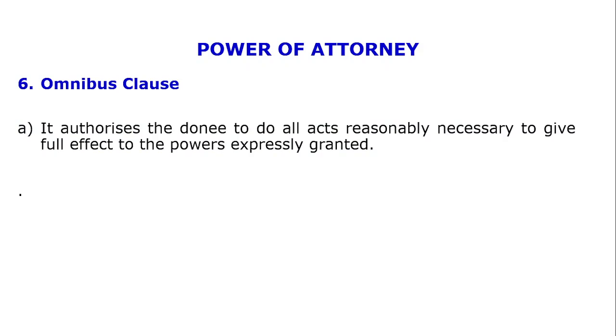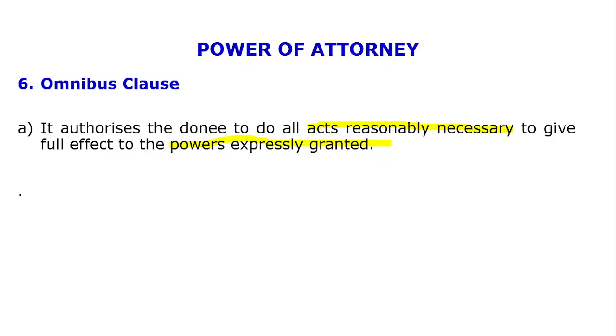What is the function of the omnibus clause? The omnibus clause, which directly follows the power clause, authorizes the donee to do acts reasonably necessary. That's what I want you to pay attention to: reasonably necessary to give full effect to the powers expressly granted.